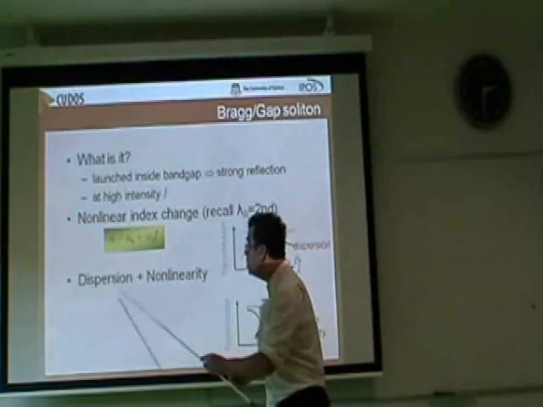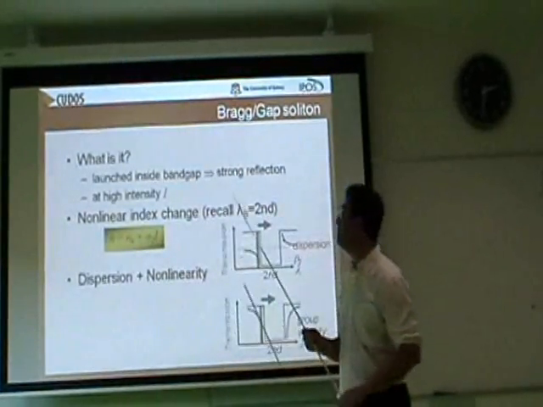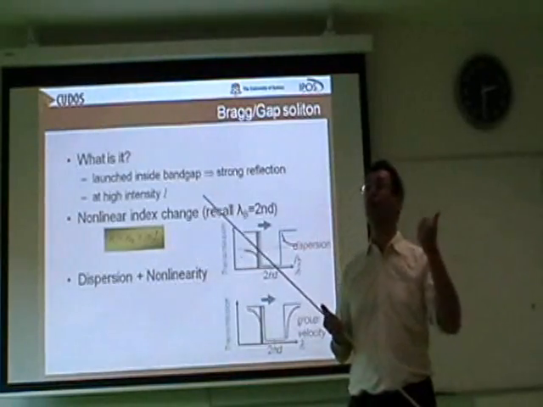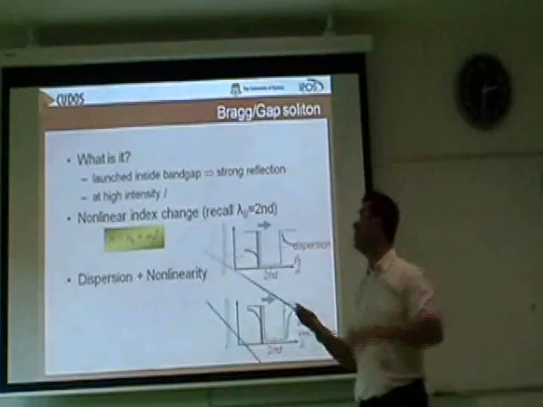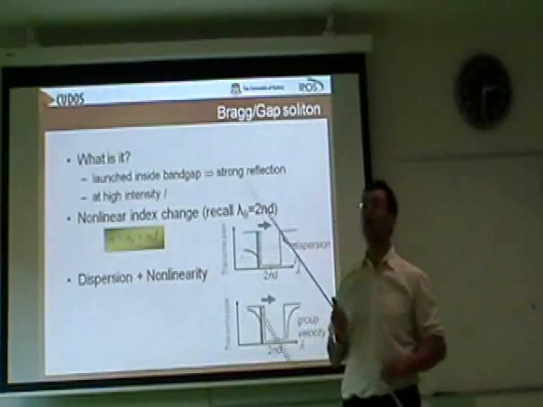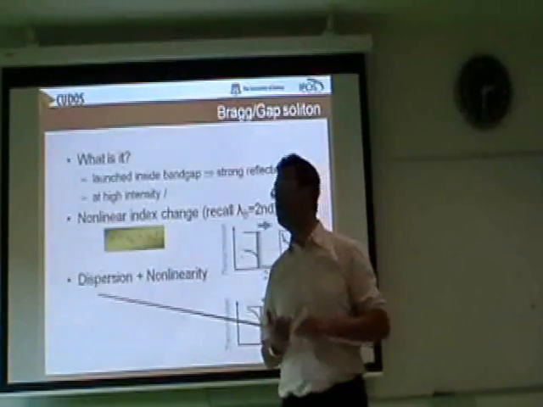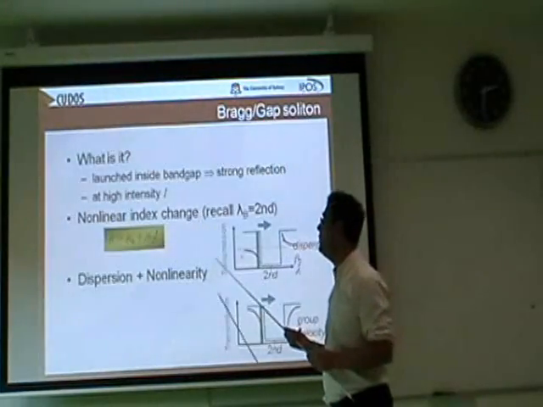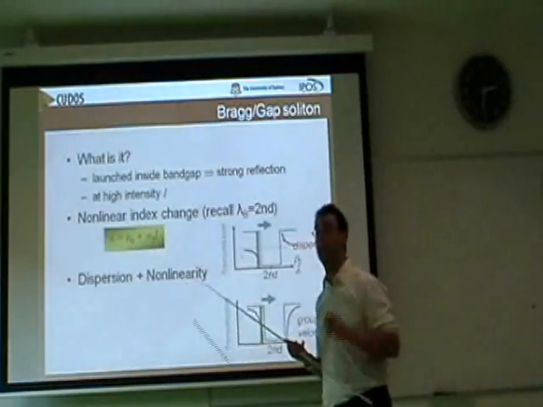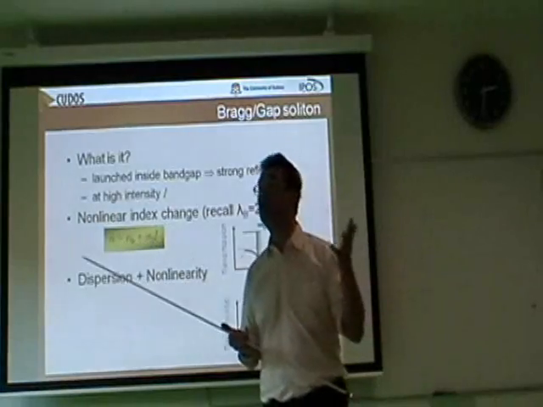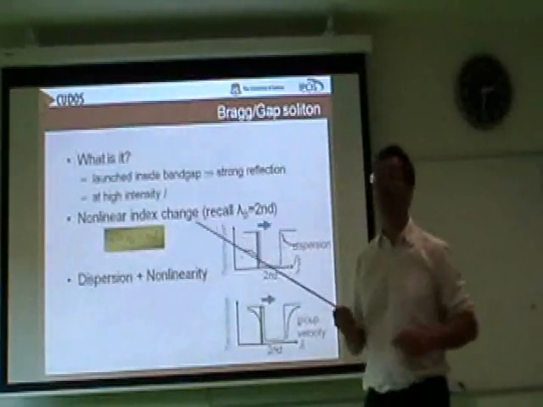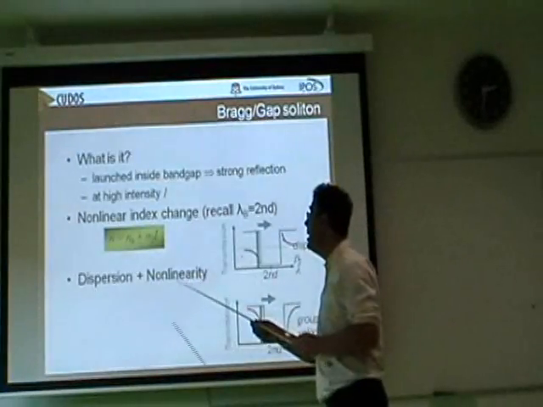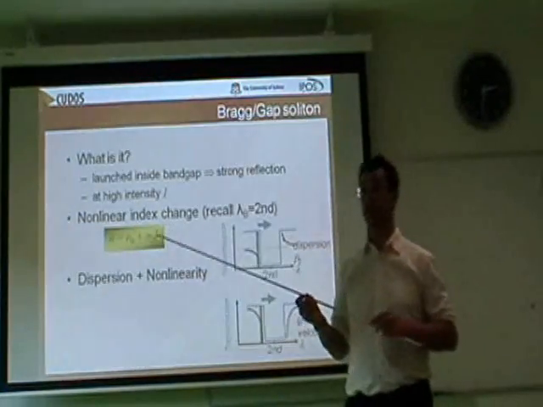But there is one additional feature which drives the whole thing. You have a structure here which is very dispersive, and it also has a nonlinear effect. Your intensity is high enough to get this nonlinear effect. And under quite general circumstances, you can show that when you have dispersion and nonlinearity, and the signs are appropriately chosen, what I mean by that is that if the nonlinearity is positive, which it happens to be in glass, then your dispersion needs to be anomalous.